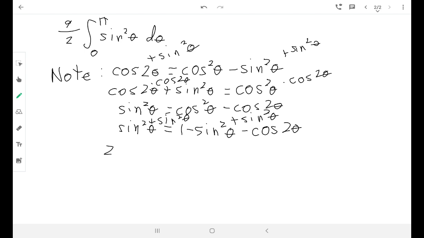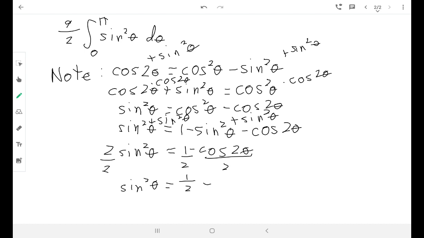So I get 2 sine squared theta equals 1 minus cosine of 2 theta. Divide everything by 2, and I get that sine squared theta equals 1/2 minus 1/2 cosine of 2 theta.